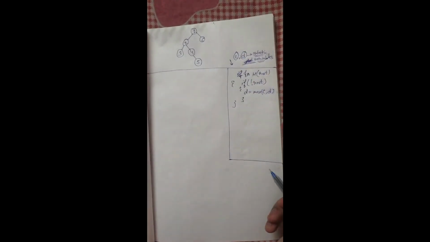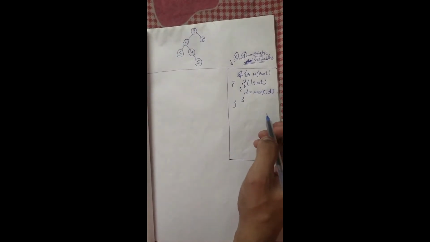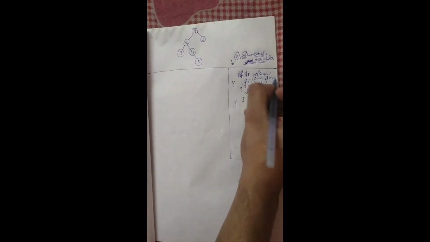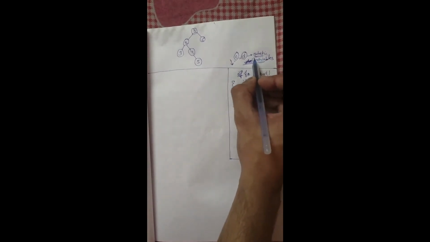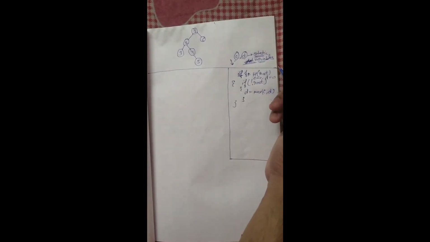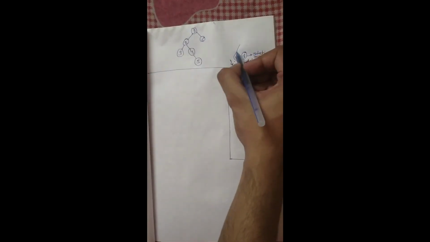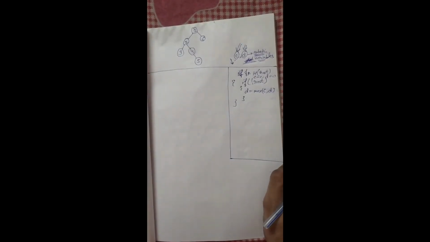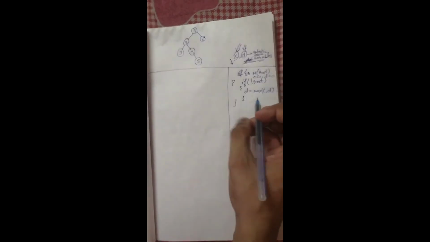Otherwise, every time I am making a function call, these C and D would be reinitialized to 0, as I will be doing here. C is equal to 0, D is equal to 0. That's why I am initializing them as static variables. So in between those function calls, these values won't change. These values will be retained among the function calls.